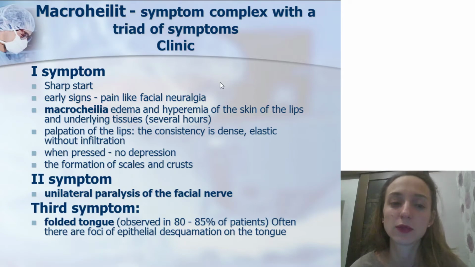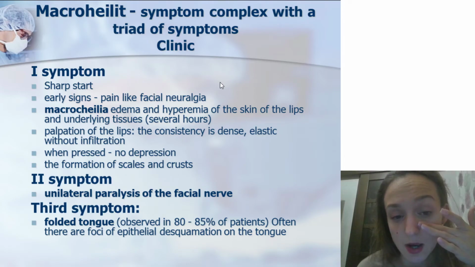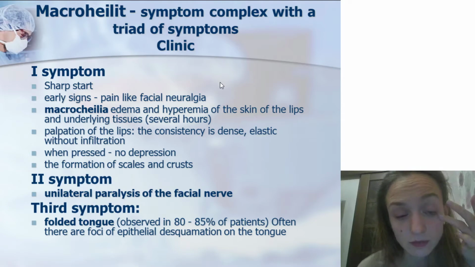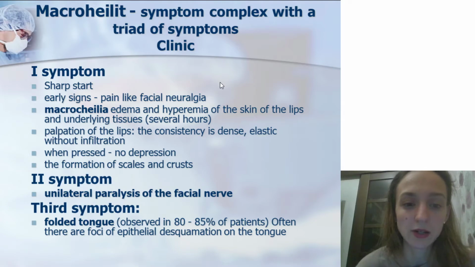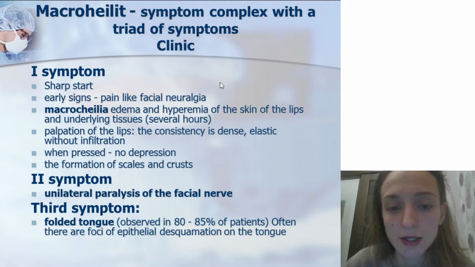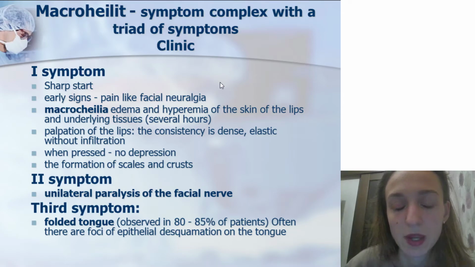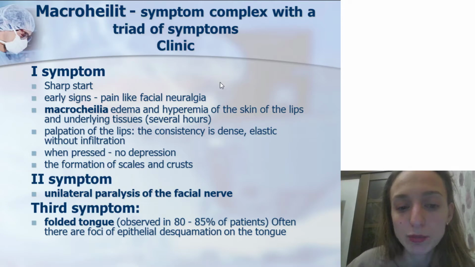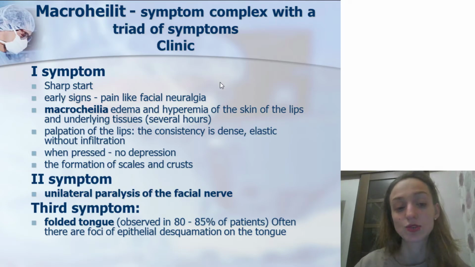And clinic: first symptom, sharp start, early signs, pain like facial neuralgia, macrocheilia, edema and hyperemia of the skin of the lips and underlying tissues. Palpation of the lips: the consistency is dense, elastic, without infiltrations. When pressed, no depression, and no formation of scales and crusts.